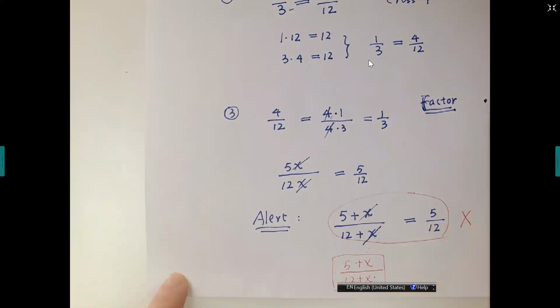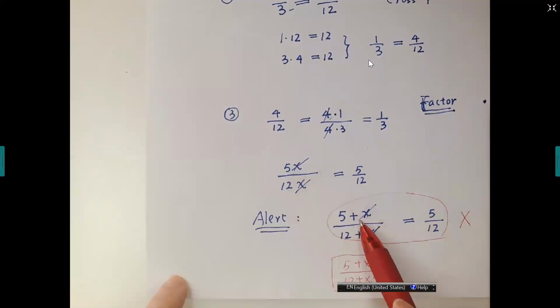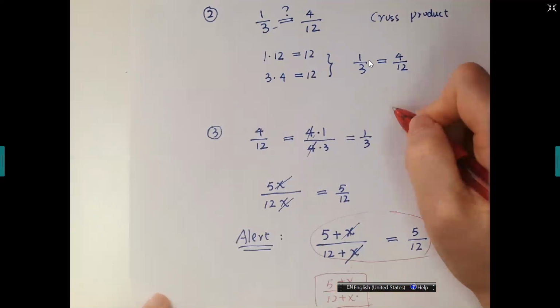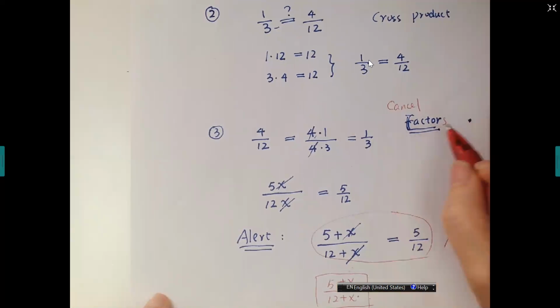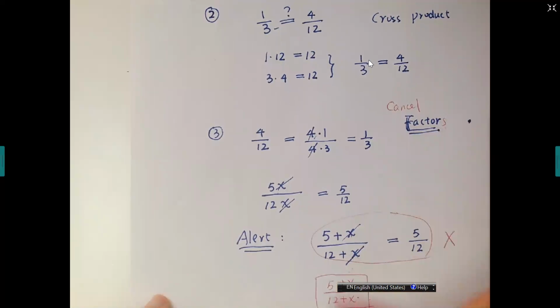There is no more simplified form anymore. This is the final one. So compare those two problems. Do not cancel those. We can only cancel factors. We cannot cancel addends.